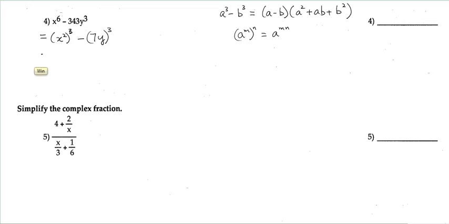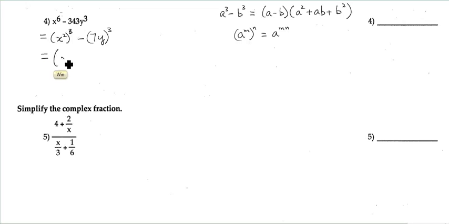So now, can we tell what would be my a? X squared. What is my b? 7y. So now we replace the a and the b by the corresponding number and variable. So what do we get?